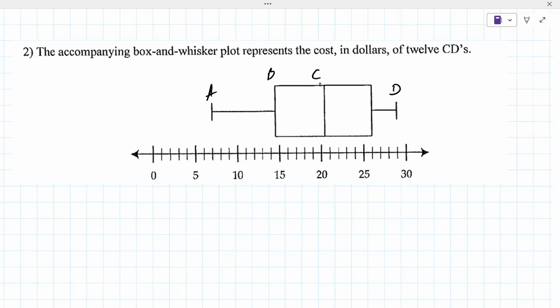Just give me the numerical values there, please.